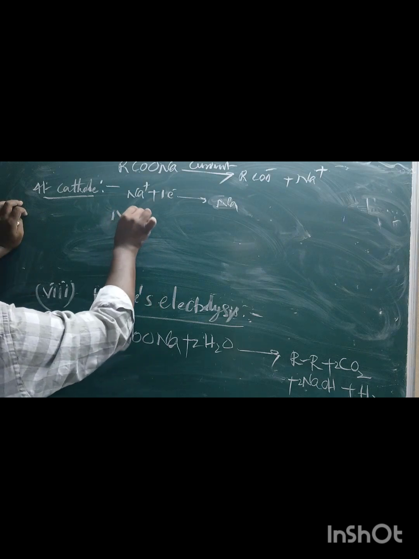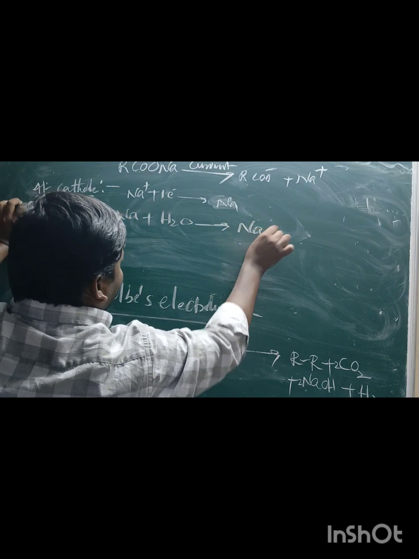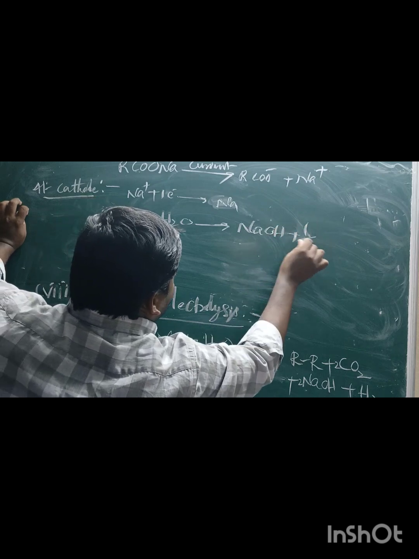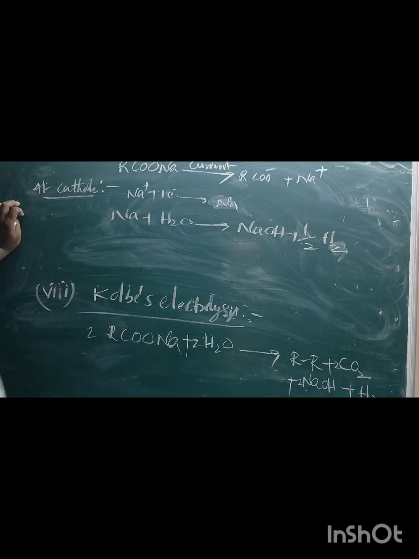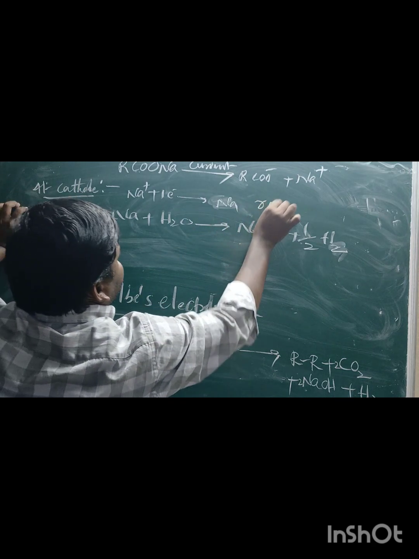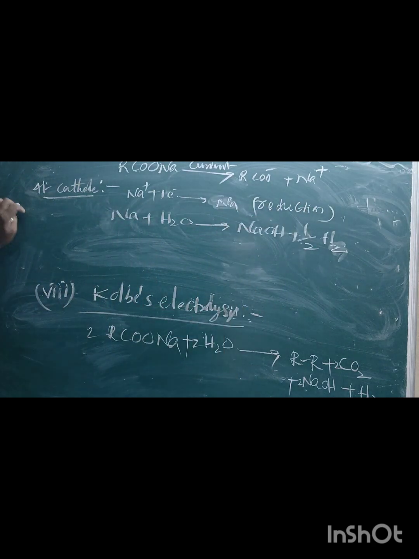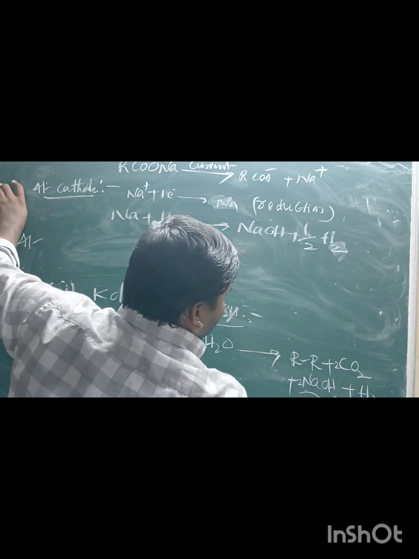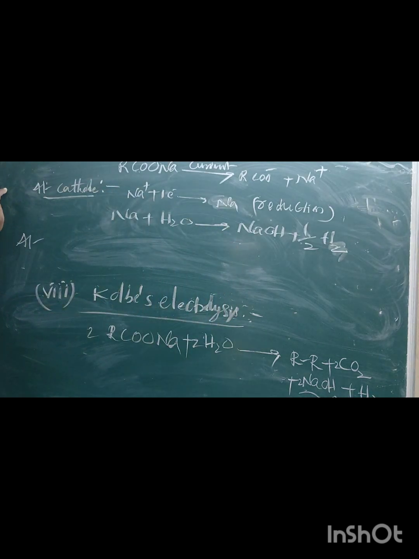This sodium metal reacts with water to form sodium hydroxide plus half H2. Gaining of electrons is called reduction. So at the cathode, sodium hydroxide and hydrogen gas are liberated.